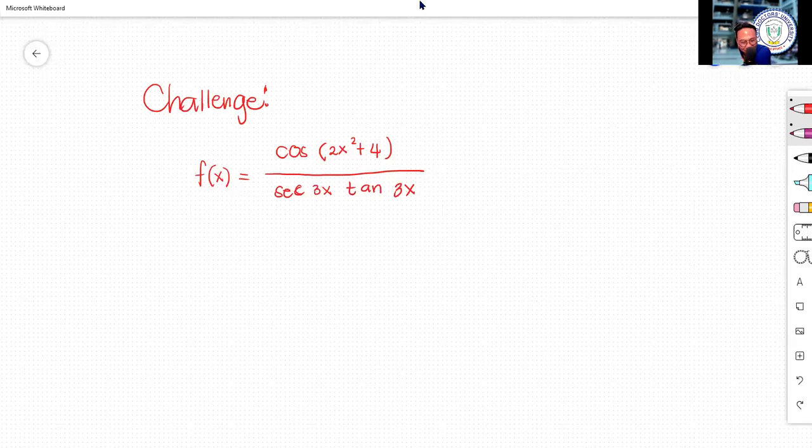Sige, go. Nice, maganda mo first step, ha? Division man is, so we know it's quotient rule.